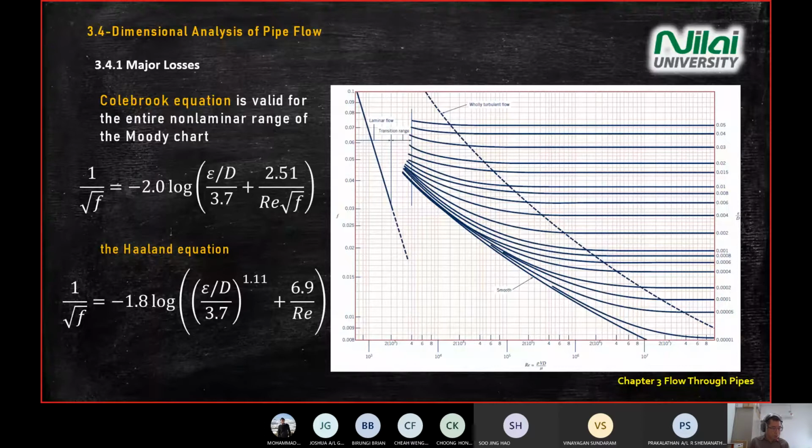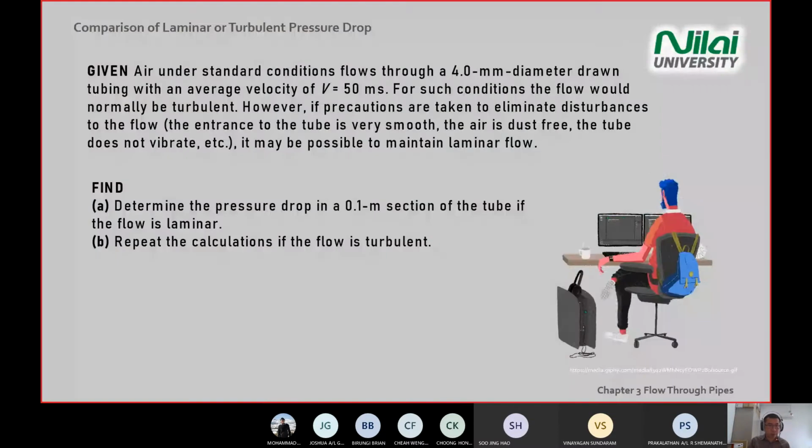Okay, so we have done question 37, and then we go for question 38, which is very important for your coming assessment. So we look at question 38. Question 38 gives us air under standard condition.